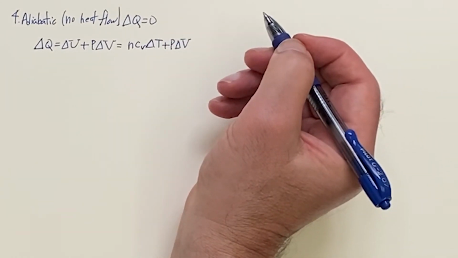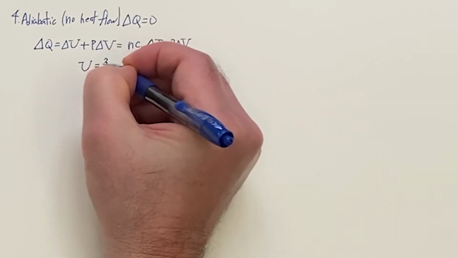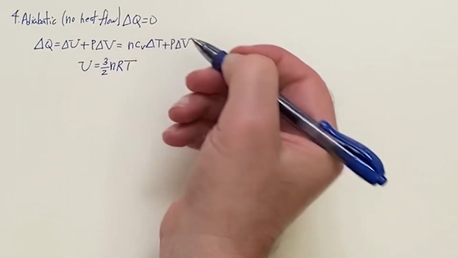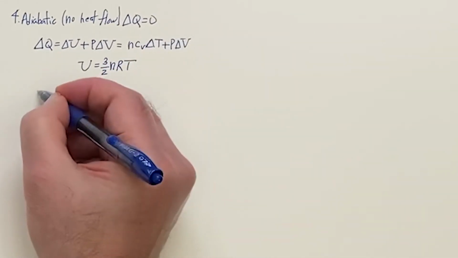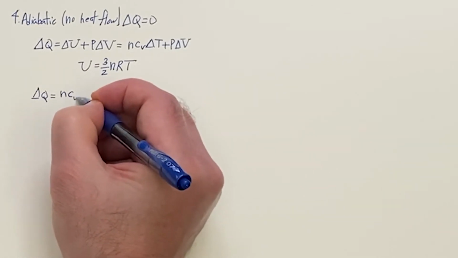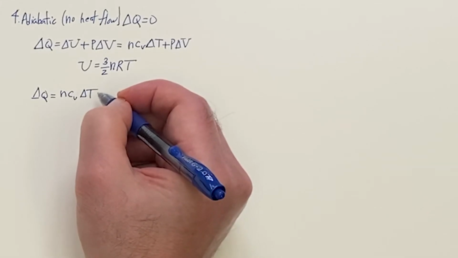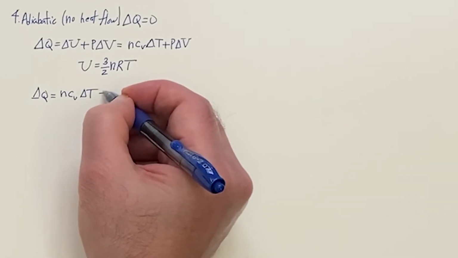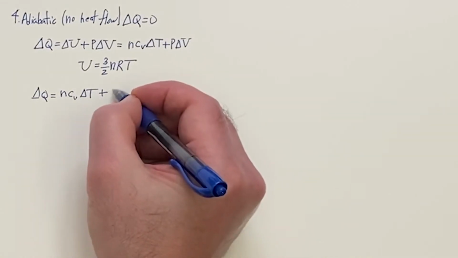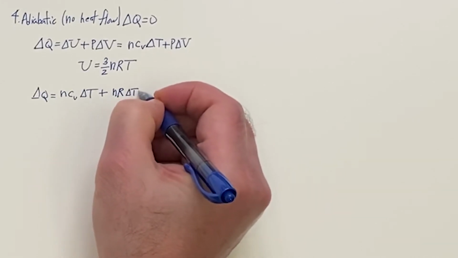And we want to remember that U can be written as 3 halves nRT. So then delta Q is n CV delta T plus this equation we had earlier.